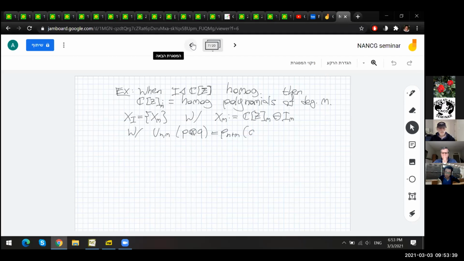And the subproduct map is given thusly: U n,m of P tensor Q, where these are two homogeneous polynomials, is just going to be P times Q. So the Fock space of this subproduct system is exactly F of I that we've seen earlier. The tensor algebra of this subproduct system is exactly this A_I.